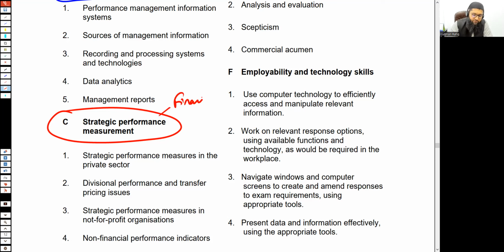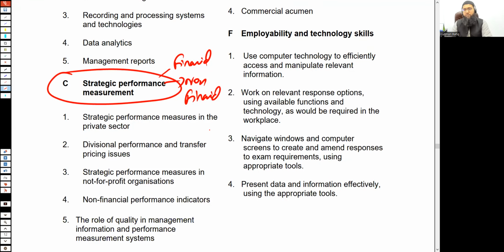Here you have both the financial and the non-financial aspects. There are different types of performance measures and different performance aspects that we are going to measure, including the quality of the organization: to what extent the quality standards are being met, and whether the organization is producing quality goods and quality products, and so on.